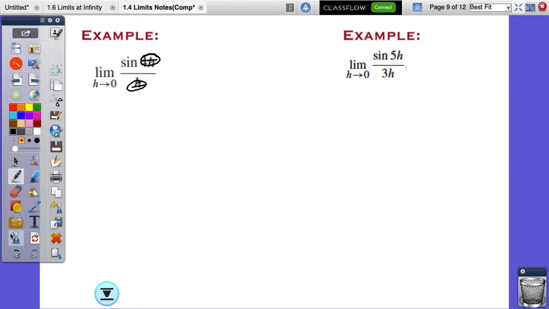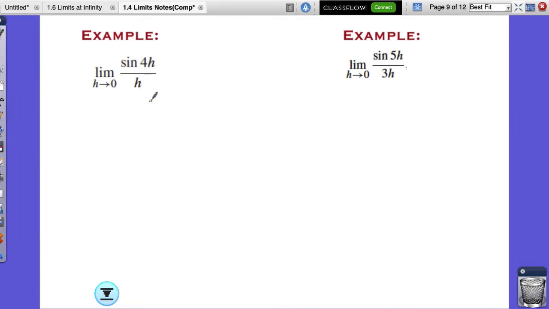Unfortunately, the argument of the sine up top is not the same as the denominator, is it? Our whole goal here is to make the denominator exactly the same as the inside of the sine. So guess what? We're just going to make it that way.